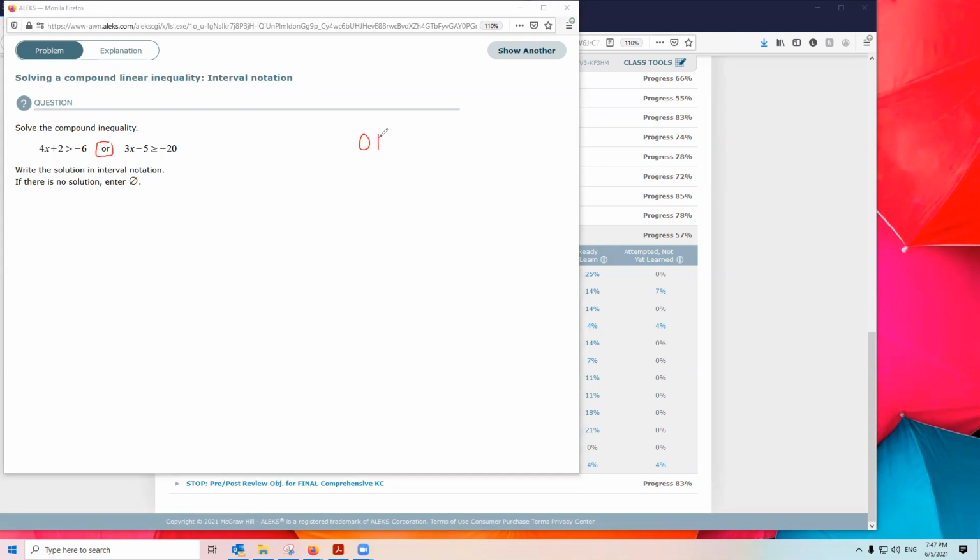Now, when you see the word or, it's really the same as a union kind of question. If they had used the word and, that would be an intersection kind of question. All right, so our example really is going to be a union. Well, the way I can do this is solve each inequality, graph them on the number line, and then merge the two number lines together.